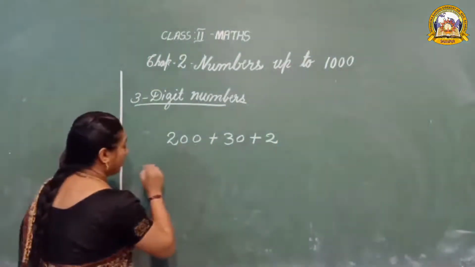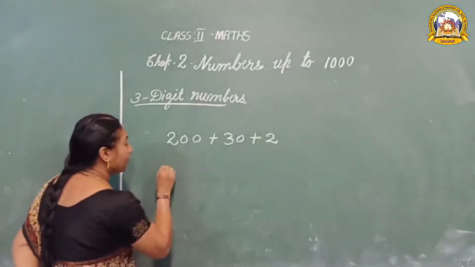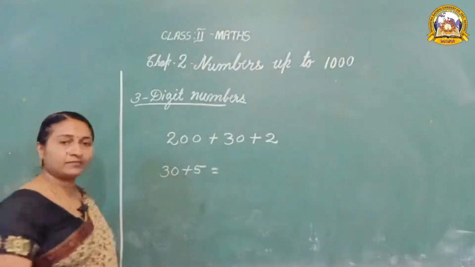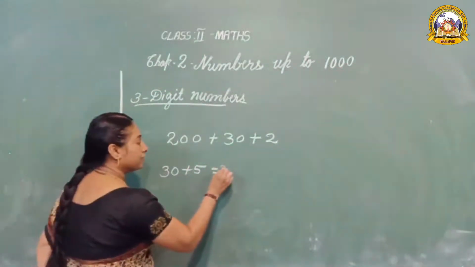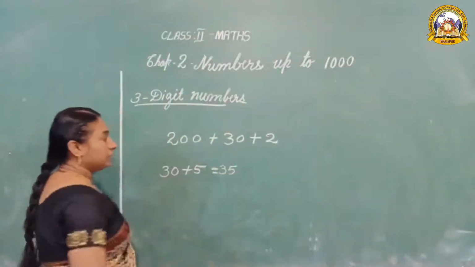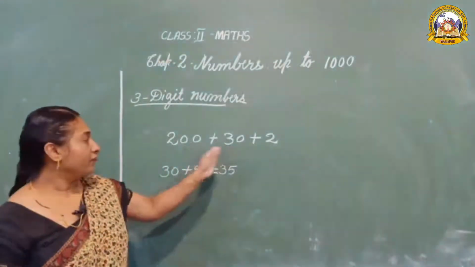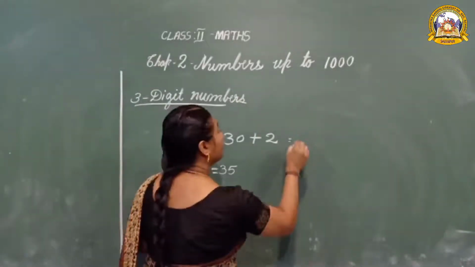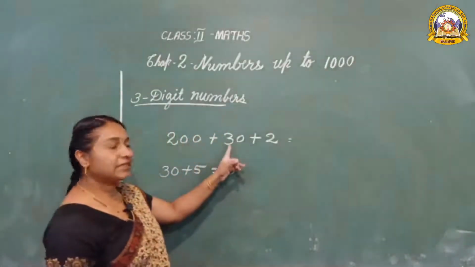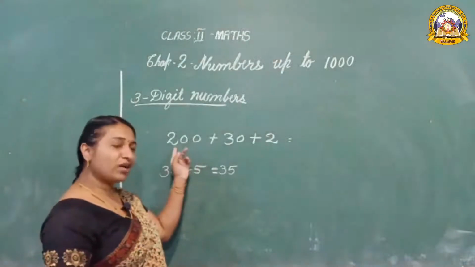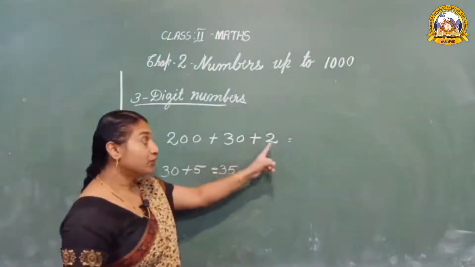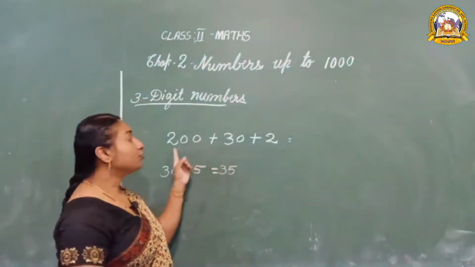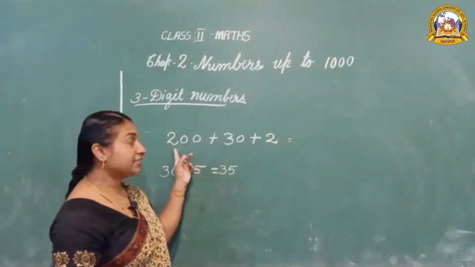Just like 30 plus 5 is 35, we can write it. Here there are 2 ones, 3 tens and 2 hundreds. Say 2 ones, 3 tens, 2 hundreds.